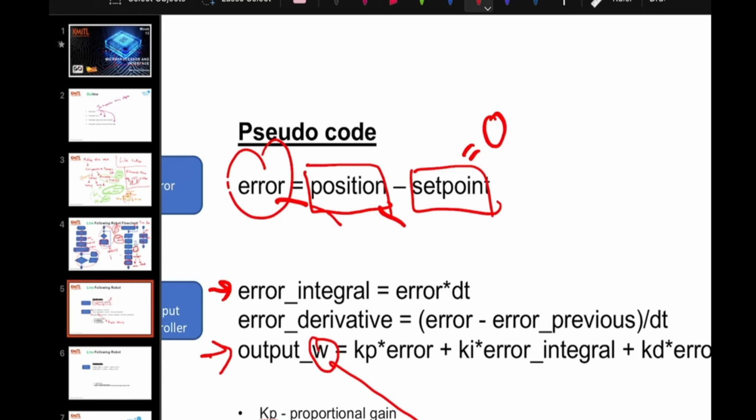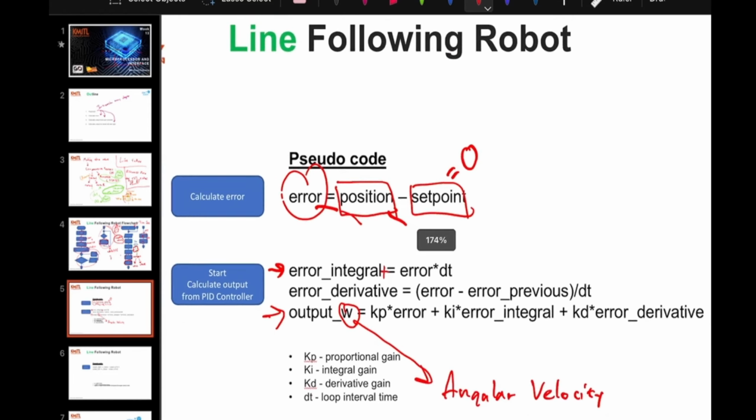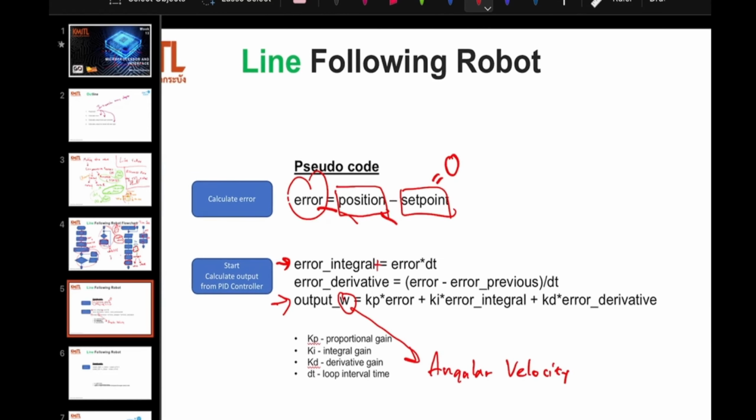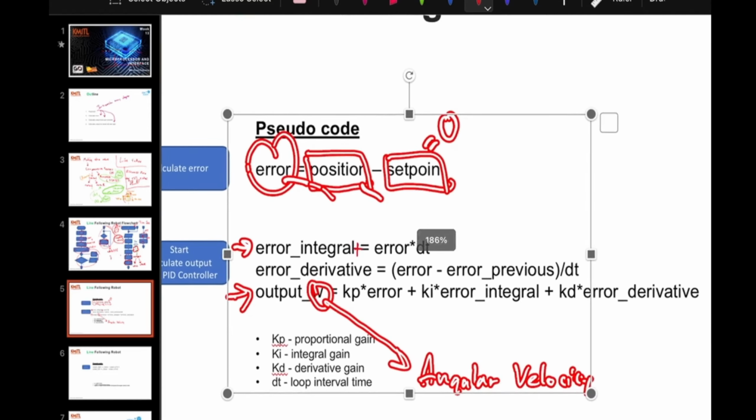Error integral, we have to add to the previous value here, plus equal, because this is an integral. Actually, it's from mathematics. It is the integral of error by dt.